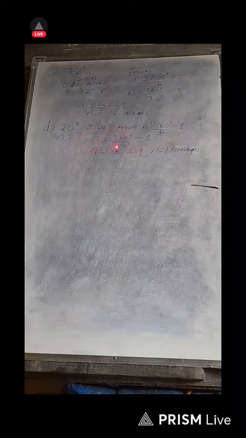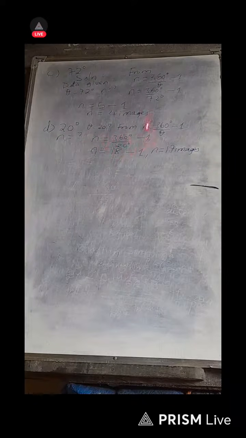So the number of images is equal to 360 degrees over 20, take away 1. Finally, you get 18. You take 18 minus 1, and you get the number of images formed when the angle is 20 degrees: 17 images. So there is no doubt in the problem.